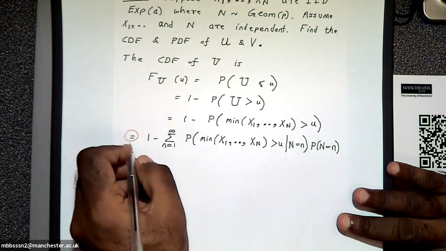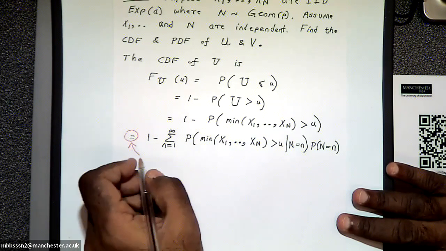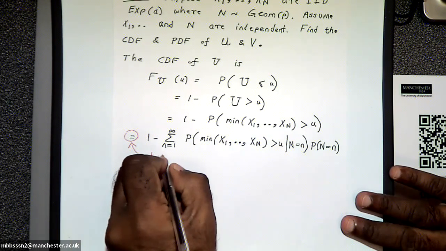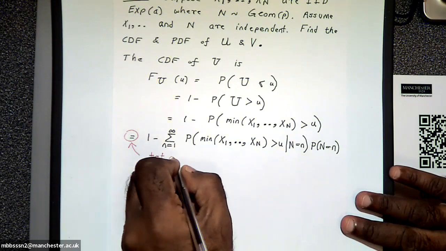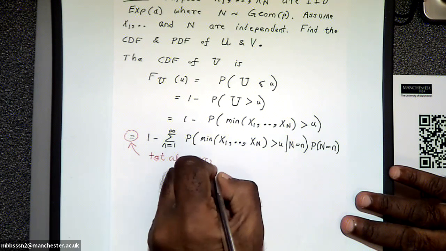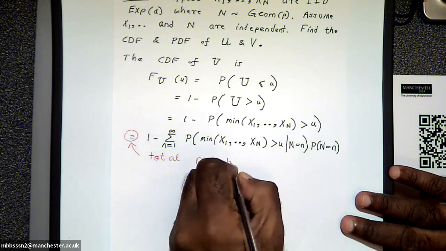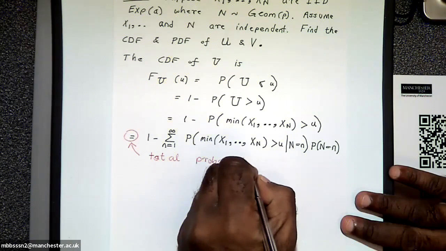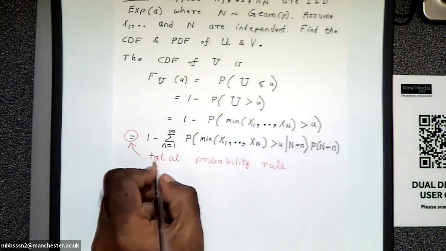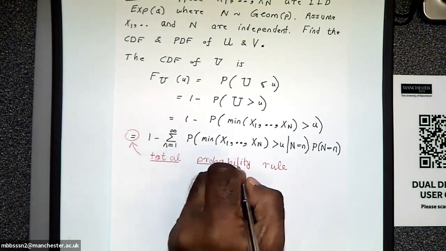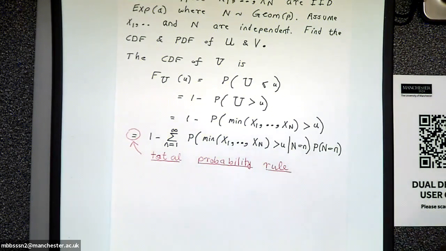I'm not sure whether you're familiar with this. You must know this from your first year probability. Total probability. Do you remember this or not? You probably did this in your first year probability 1 course.